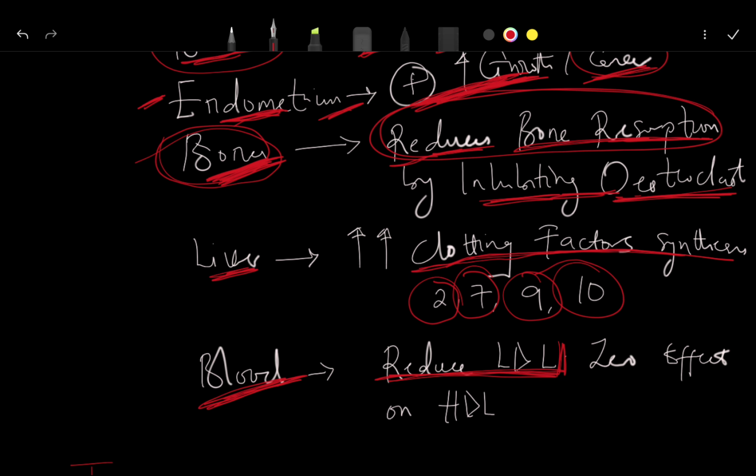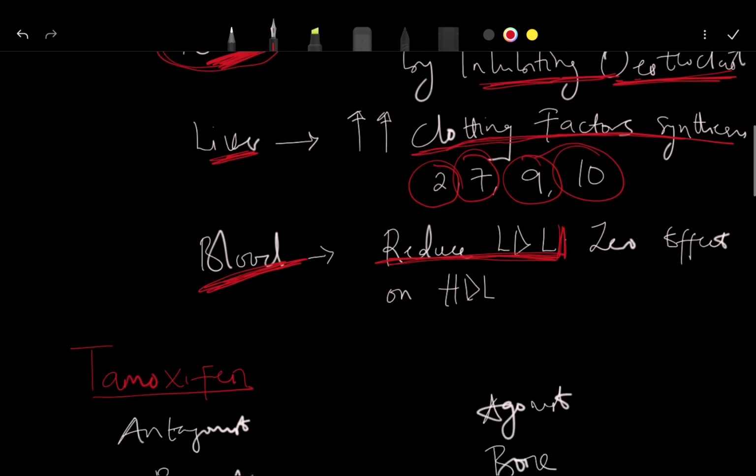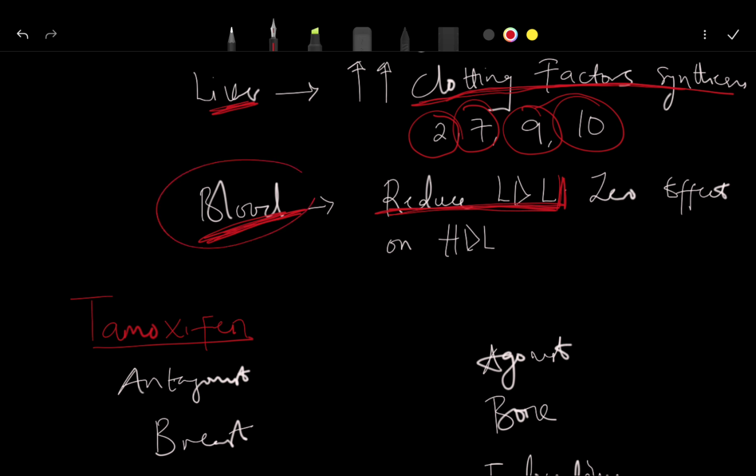Then for the liver, estrogen causes an increase in the synthesis of clotting factors, so there is a risk of thrombosis in the blood vessels. Then for blood, estrogen reduces the levels of LDL, so by so doing, it guards against atherosclerosis.